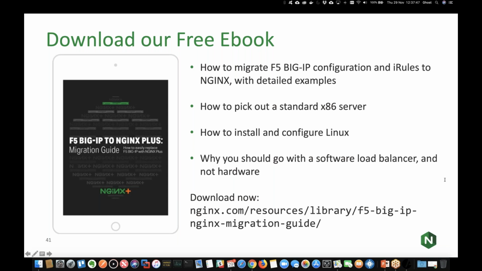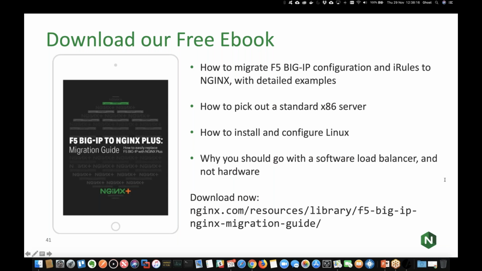The next question is, how do we translate complex iRules into NGINX? Generally, the NGINX configuration options are inherently able to handle some, or most, of those iRules. We also have a JavaScript component of NGINX where you can do some additional interesting things with your iRules.